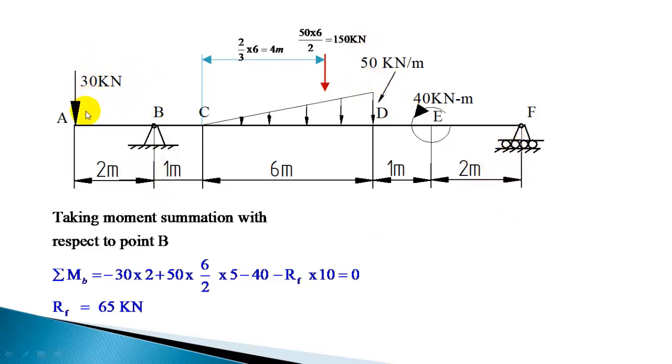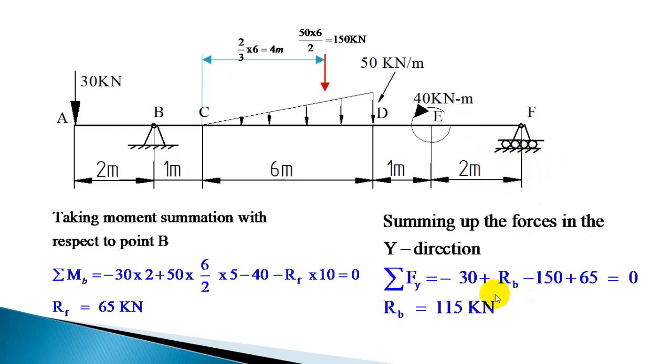Now total downward load is 30 plus 150, so that is 180. 180 minus this 65, or you can sum up the forces in the y direction: minus 30 plus RB minus 150 plus RF, that is 65, is equal to 0, or RB is equal to 180 minus 65, which will give 115 kN. So we got the reaction at both the supports, B and F.